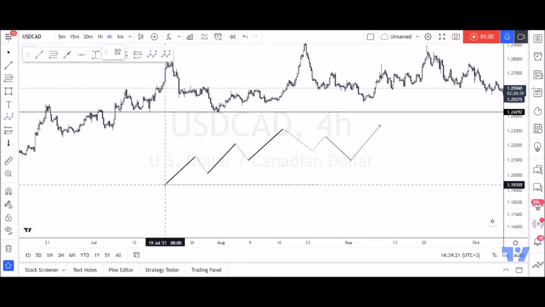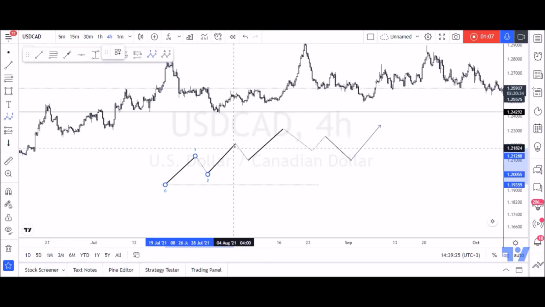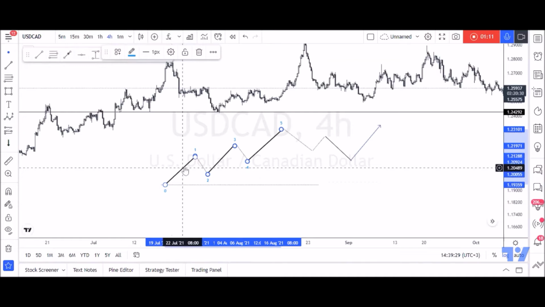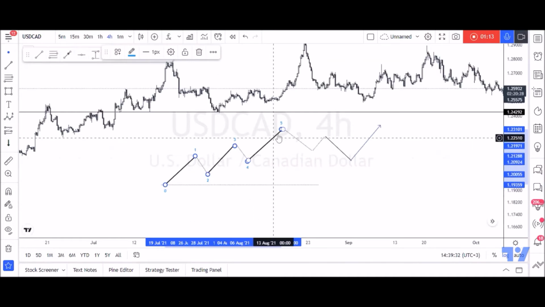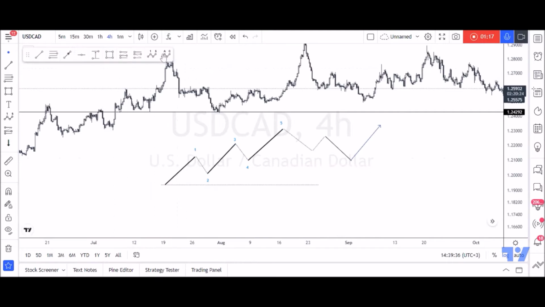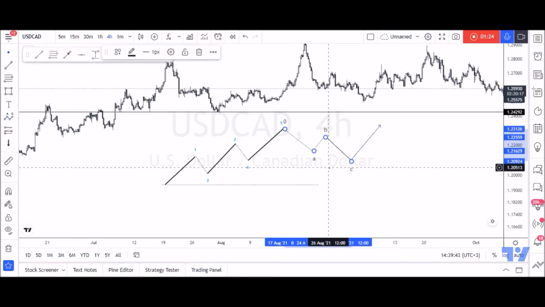When I talk about five waves, these are the waves: the impulse, two, three, four, five. You can understand that this is the impulse, correction, impulse, correction, impulse, correction. After the fifth wave, you find the ABC correction. All right, I think that is clear.